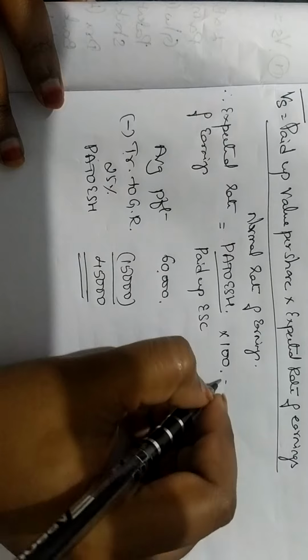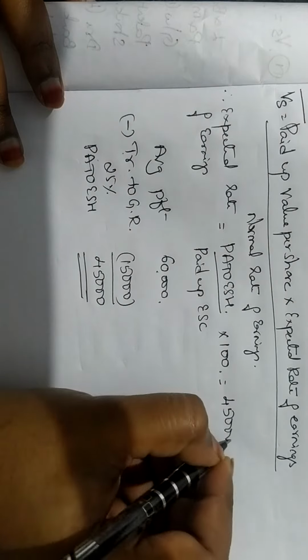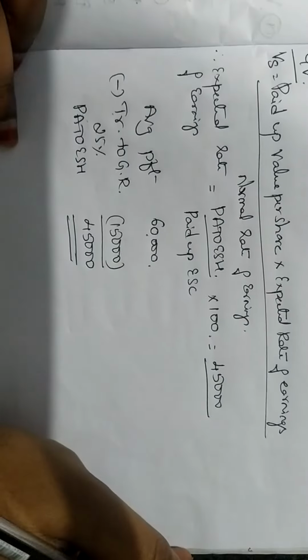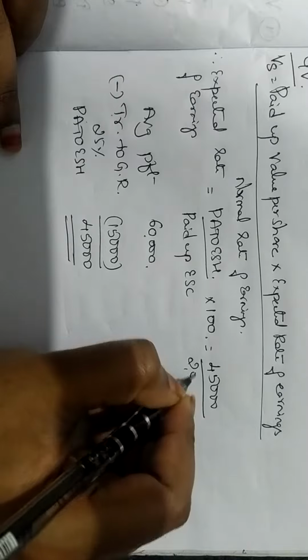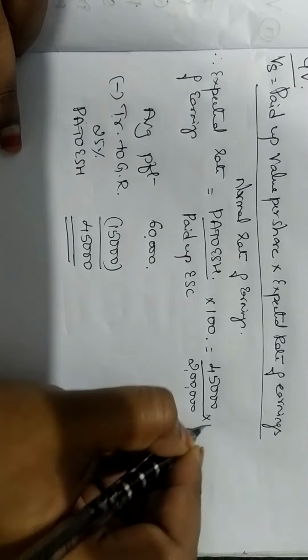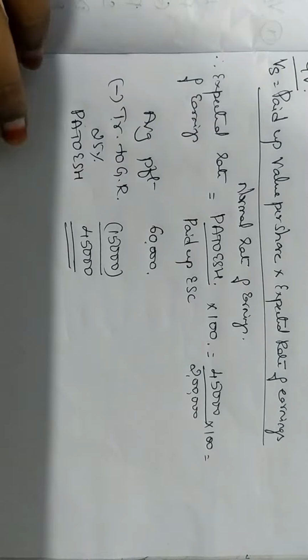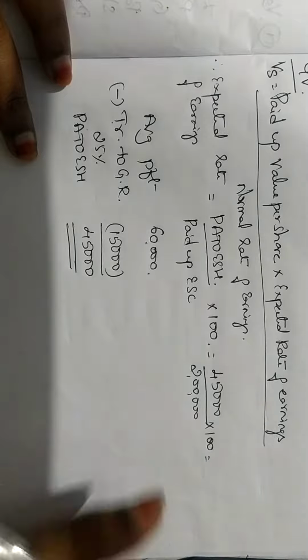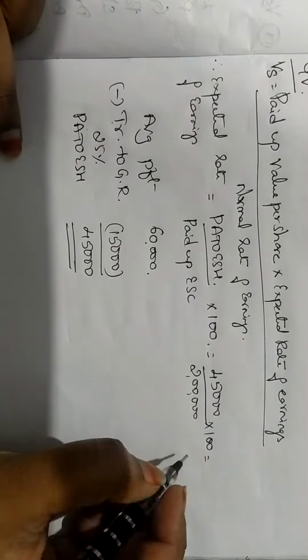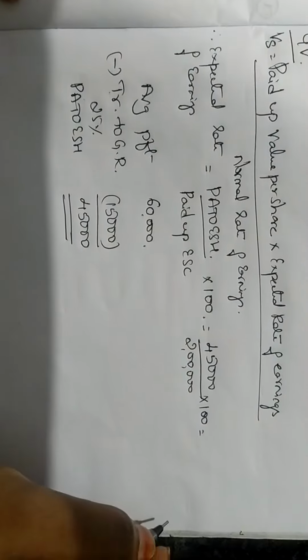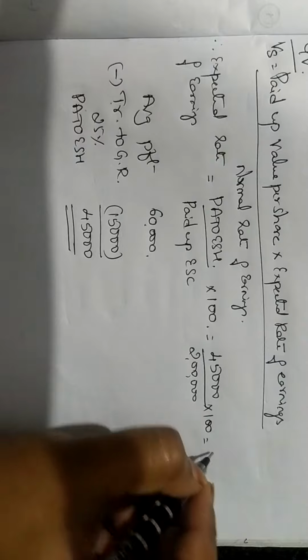So get back to the formula. 45,000 divided by paid up equity share capital, given in the question as 2 lakh, into 100. So 45,000 divided by 2 lakh into 100 will give you 22.5%.